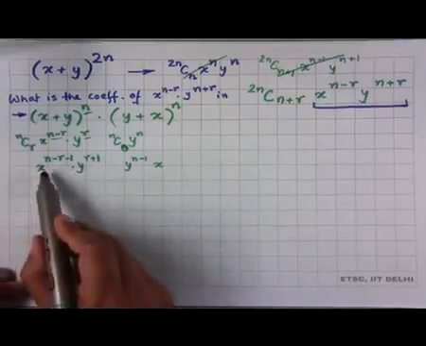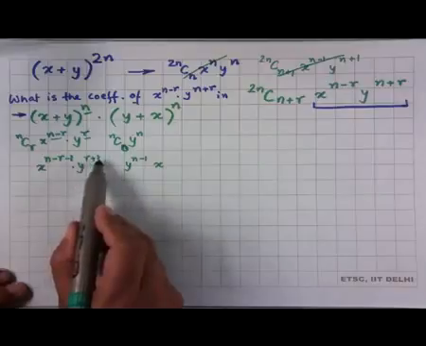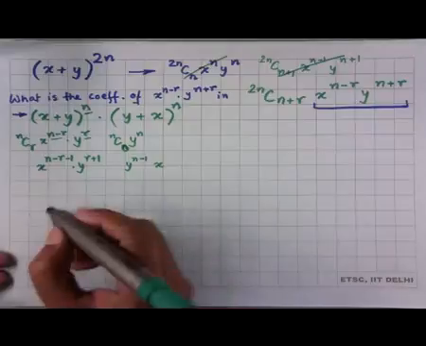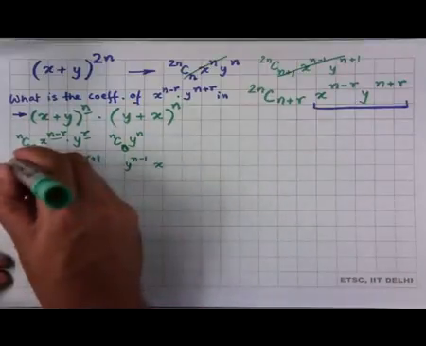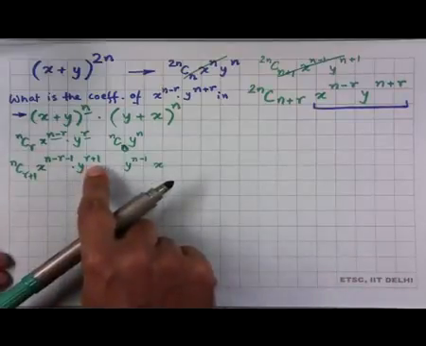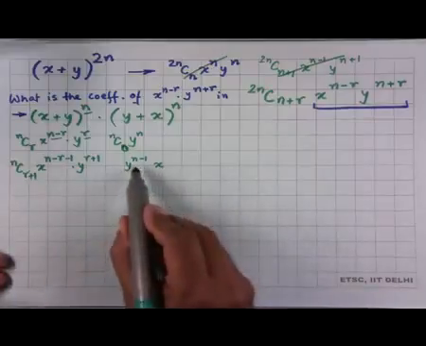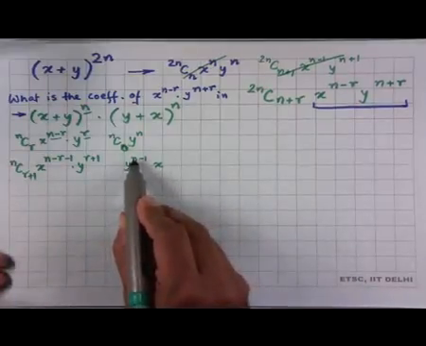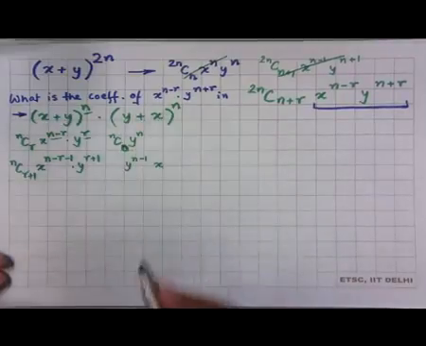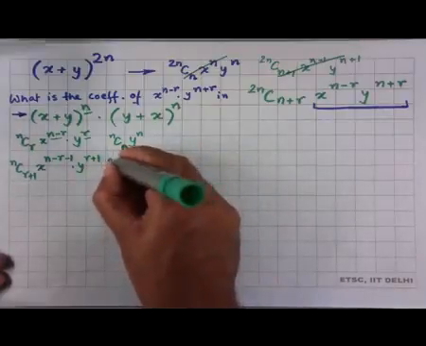Now, what is the coefficient of x power n minus r minus 1 times y power r plus 1 in (x plus y) whole power n? And the answer is n c r plus 1, right. That is the number of y's you have chosen. And what is the coefficient of y power n minus 1 times x in (y plus x) whole power n? You have chosen only one x, so it is n c 1.